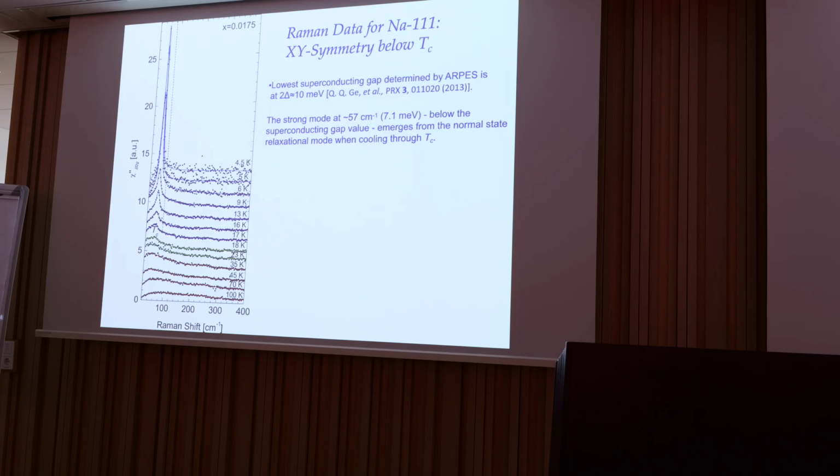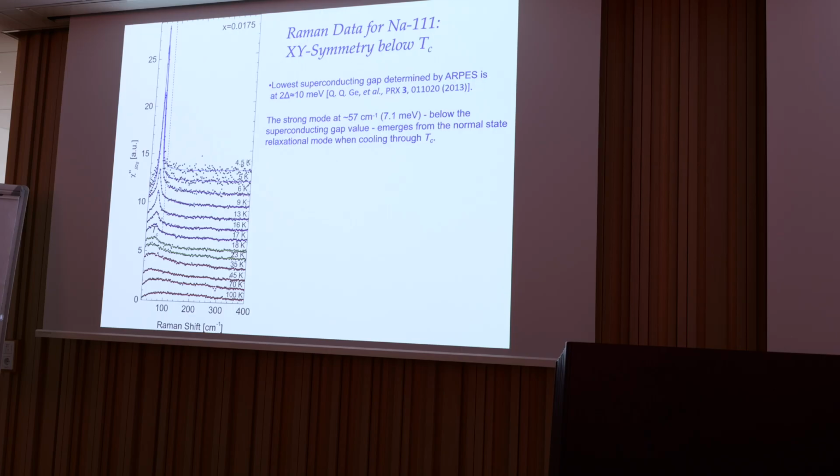So we had very overdamped fluctuations, which was a broad feature, and when the gap opens up, it becomes a very sharp in-gap resonance. So it's a collective mode. This collective mode has this XY symmetry, B2G on the square lattice, and in this case, it stays at the same resonance, and this is S plus minus superconducting.